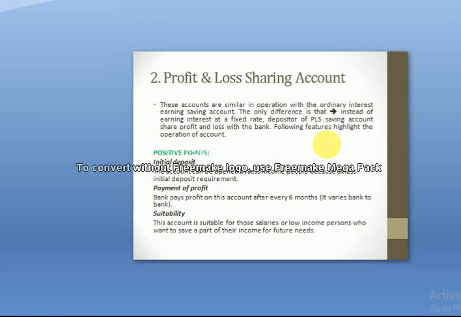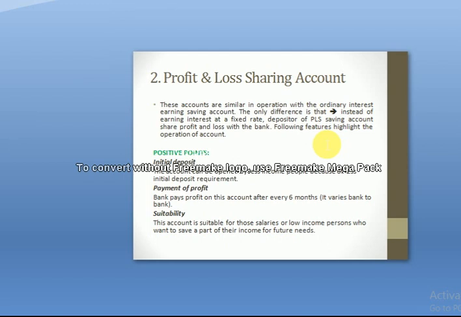This account is opened on an application made on the bank's prescribed account opening form, duly introduced in the manner provided and on supplying such other documents as may be required. This account, dear students, can be opened with proper introduction and an initial minimum deposit as prescribed by the bank from time to time.